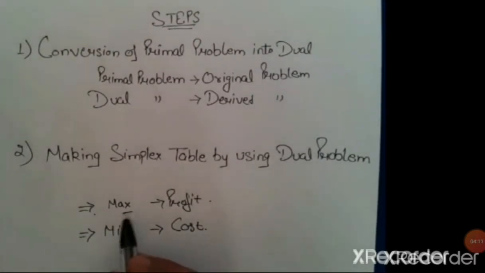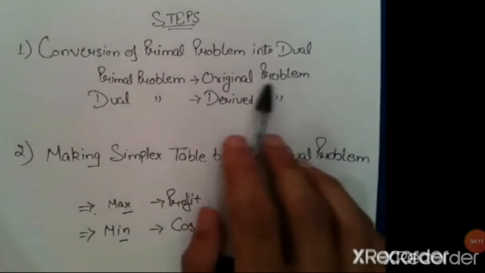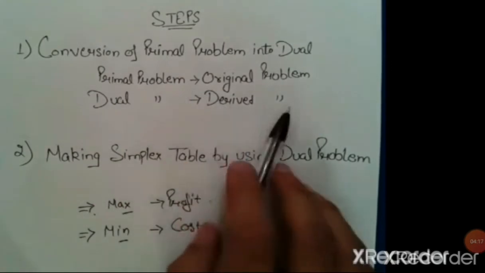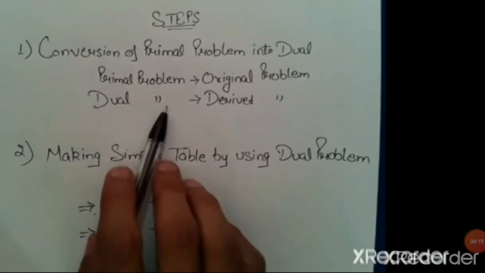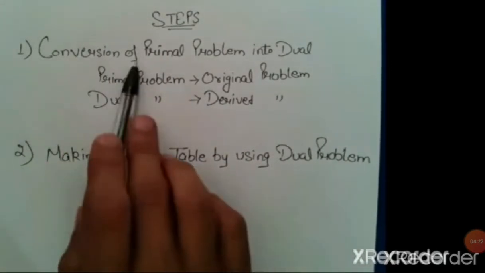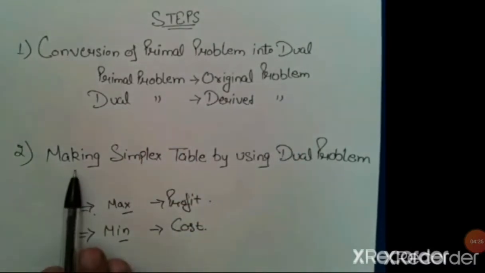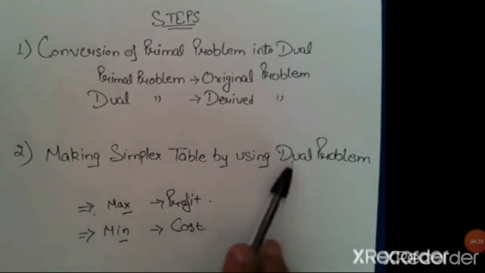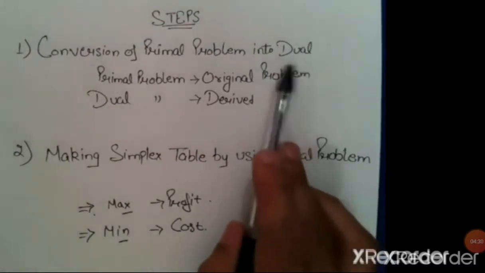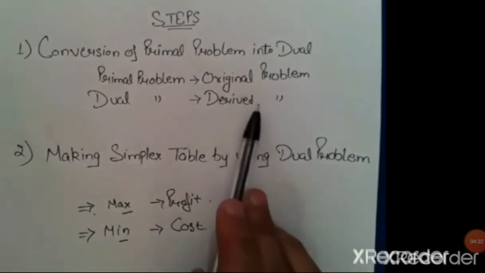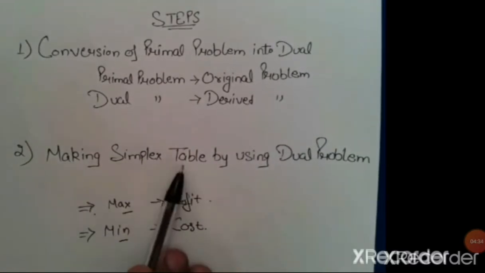Then the second objective is to minimize the cost or expenditure. If you minimize cost, it will help to maximize profit. So the first is a primal problem and the second, a minimize problem, is the dual problem. It is derived from the original one.